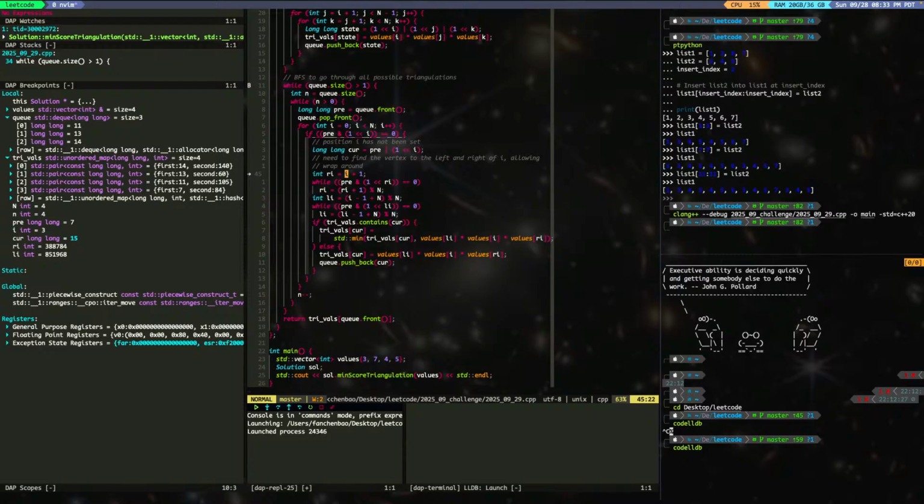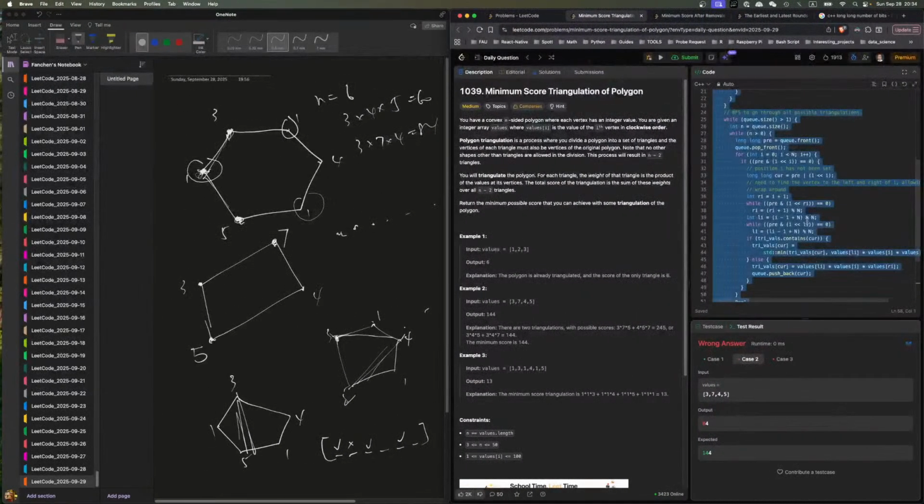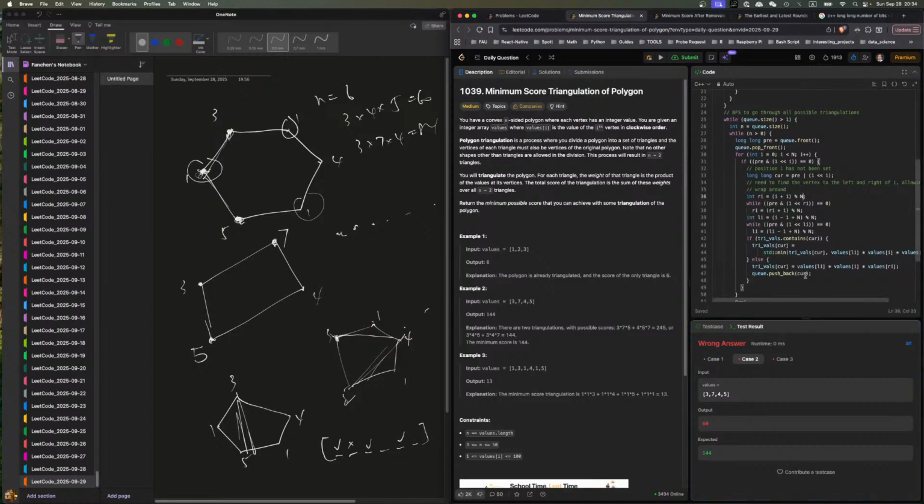Okay, that is also pretty wrong. Let me undo this. This has to be this mod. Not sure, maybe that's the reason why it's not working. How this is not giving me trouble, I don't know. Nope, I'm still not getting the right answer.